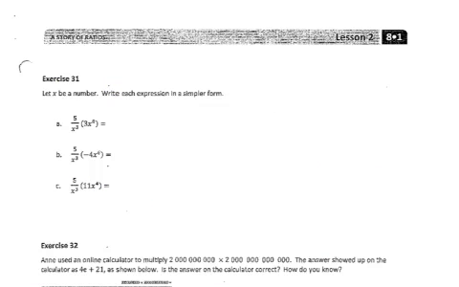Okay, let's try a few more. So for exercise 31, all you are going to do is basically think of this value, this, and this as the numerator of your fraction. So all you have to do is multiply 5 into that, because both of those are technically in your numerator.